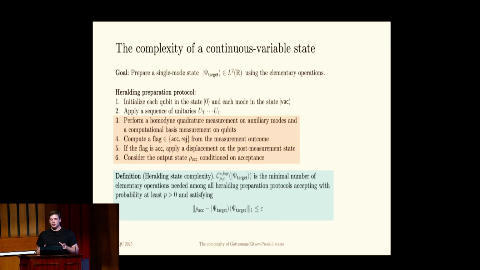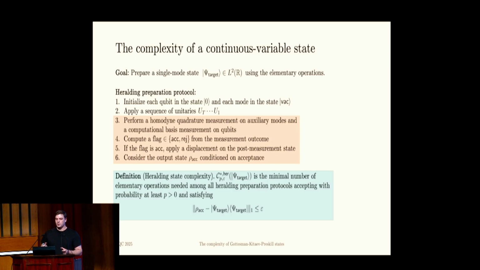Then, depending on the measurement outcome, we compute a flag that determines whether we want to accept or reject the particular run. Depending on the acceptance, we perform a correcting displacement, depending on the measurement outcome. The state that we want to consider as the output state is then the state of the first mode, conditioned on acceptance.